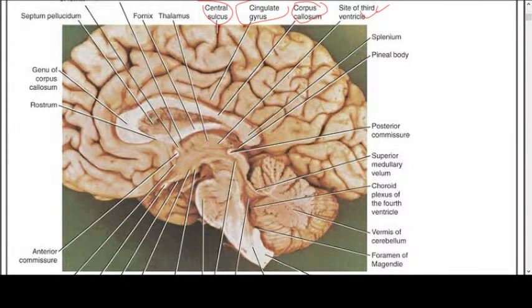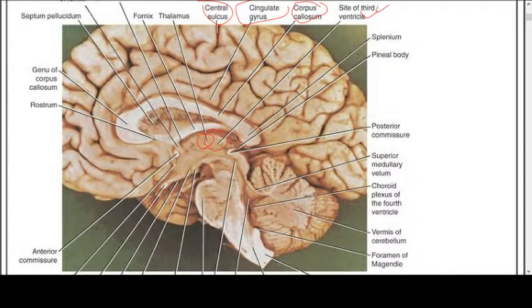This one is the site of the third ventricle, as it says. Third ventricle is generally a space within. Since this is a mid-sagittal section, it could be the site of the third ventricle. This one right here is the thalamus.